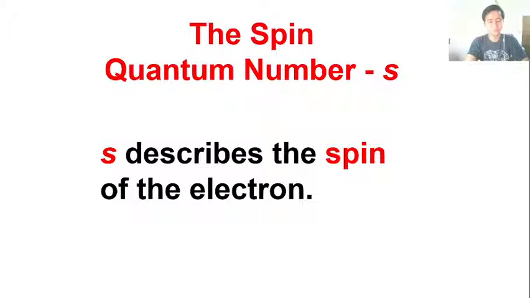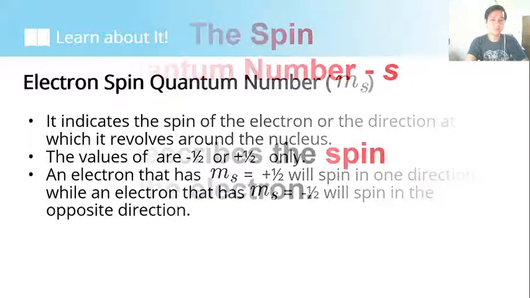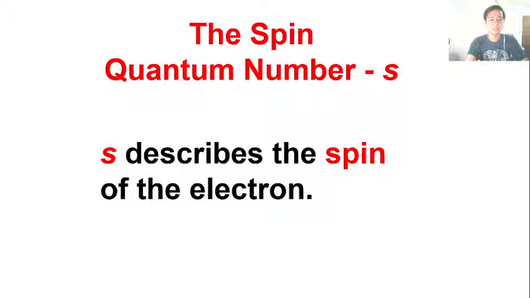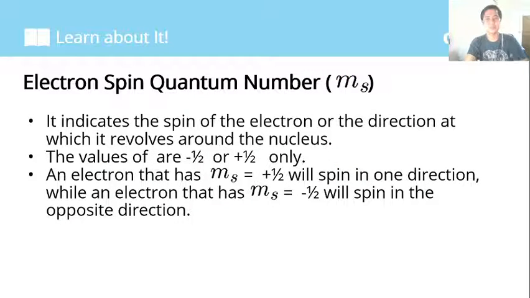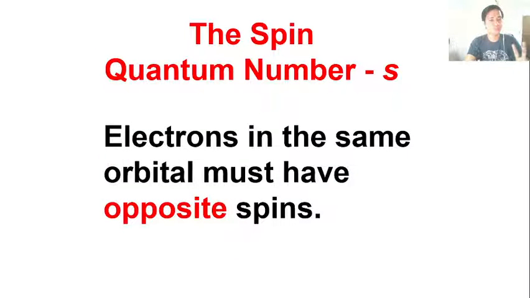Again, the symbol for spin quantum number is m sub s. In some books it's just s, but in this case let's follow m sub s. So it describes the spin. One orbital can hold 2 electrons only.